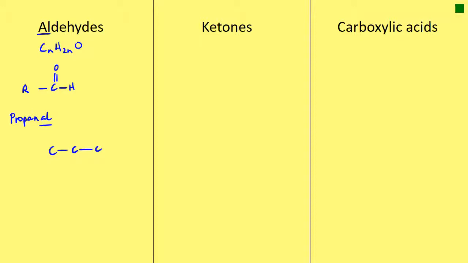Now it's an aldehyde, so the carbonyl carbon has got to be attached to a hydrogen. So we know that the carbonyl group is going to come off carbon number 1, and then the rest are just hydrogen bonds like so. So we've gone from a name to a diagram. Let's do it the other way around.